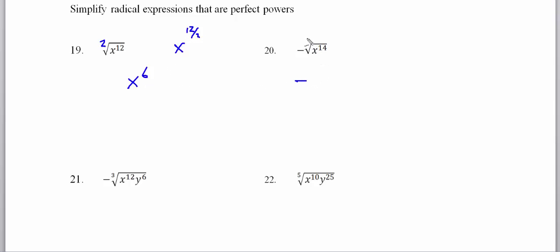The negative stays out in front, 2 goes into 14 7 times. Down here, the negative stays out in front, 3 goes into x to the 12th 4 times, and 3 goes into y to the 6th twice. And then for this fifth root problem, we've got x squared y to the 5th, because 5 goes into x to the 10 twice, and 5 goes into y to the 25th 5 times.